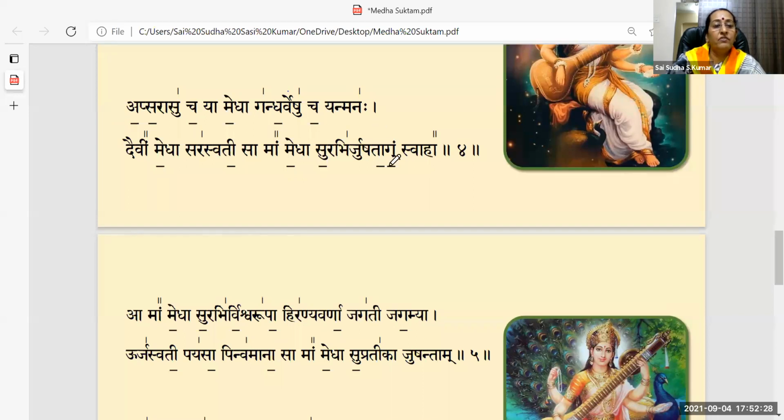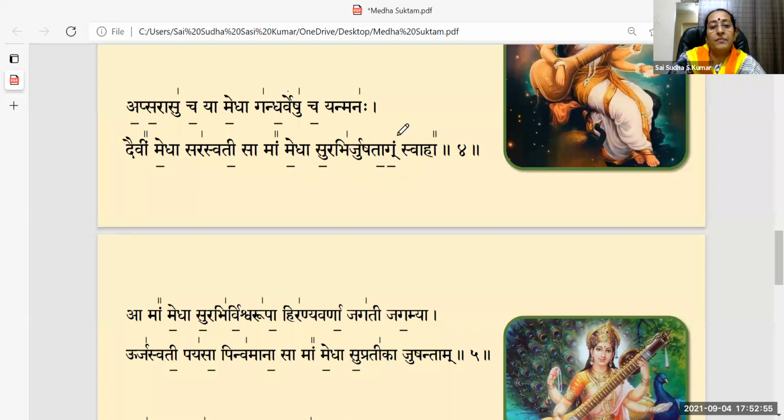Then Daivim Medha Saraswati. Here again there is an Anuswara followed by Ma, so it will be Daivim Medha Saraswati Samam, again Mam Medha Surabhirjushatag-swaha.